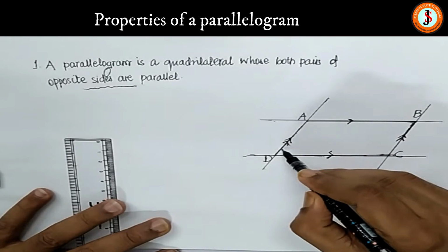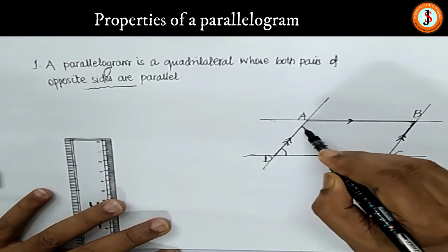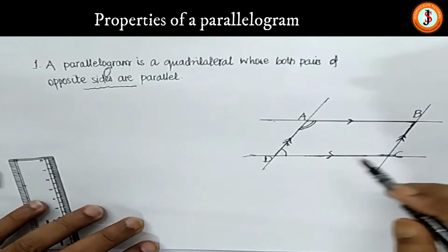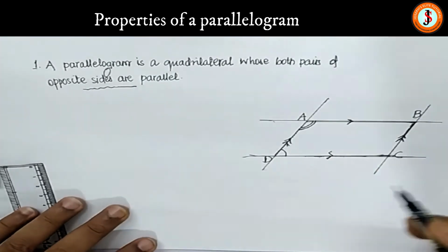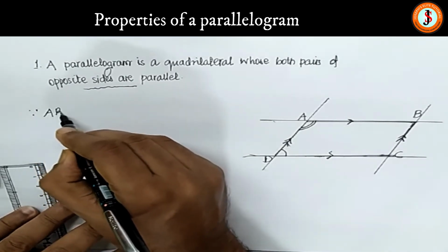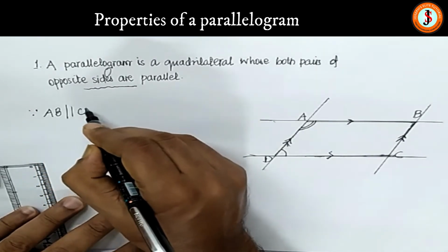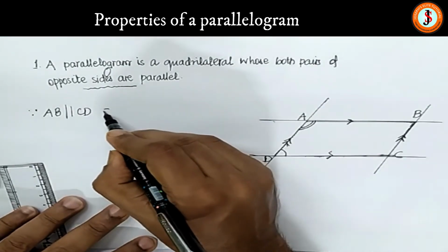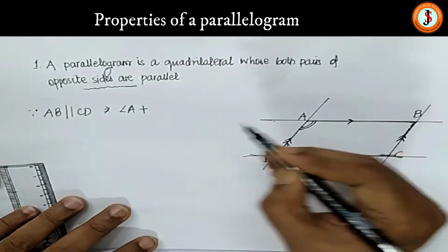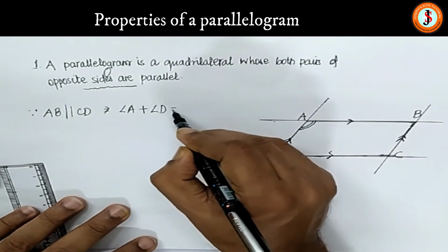So now this angle and this angle are co-interior angles. So angle A plus angle D will be 180 degrees. So we can write, since AB is parallel to CD, this implies that co-interior angles are supplementary, that means angle A plus angle D is equal to 180 degrees.